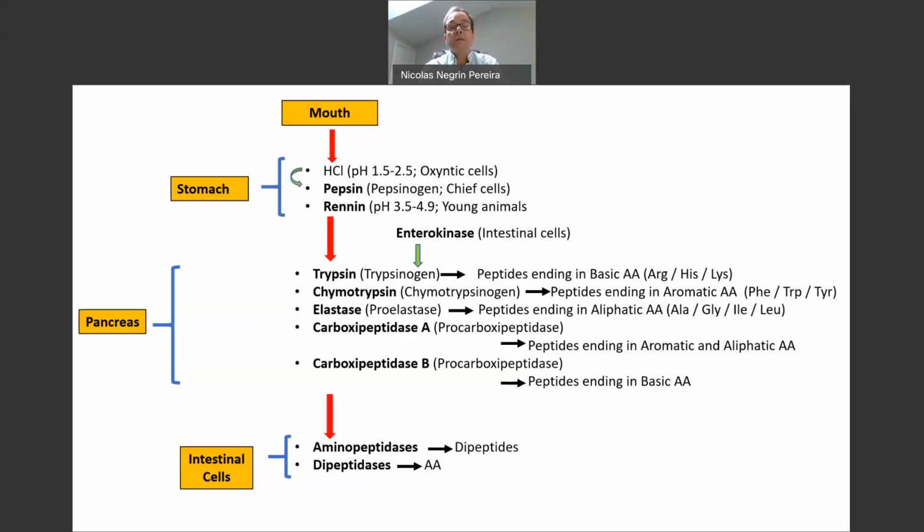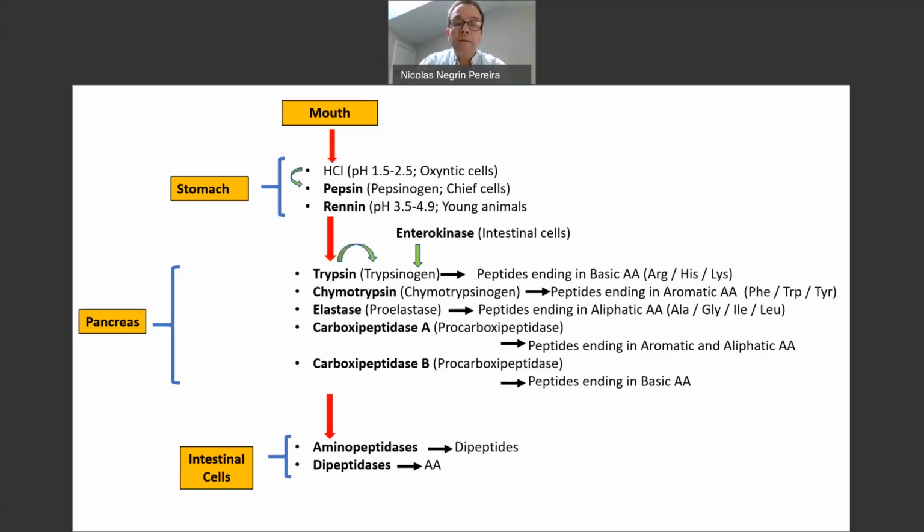And this will produce smaller peptides ending in the basic amino acids arginine, histidine, and lysine. And then we have the presence of chymotrypsin that is going to be converted from chymotrypsinogen, also secreted by the pancreas, and will form peptides ending in aromatic amino acids: phenylalanine, tryptophan, and tyrosine.